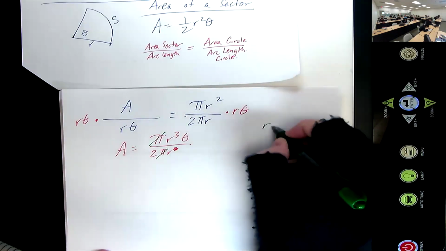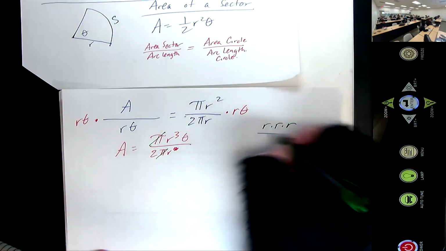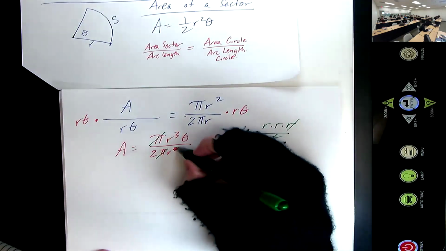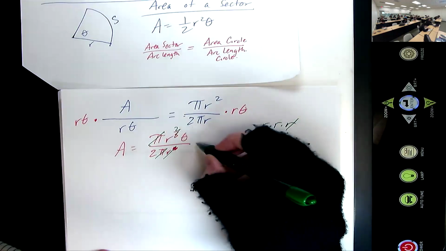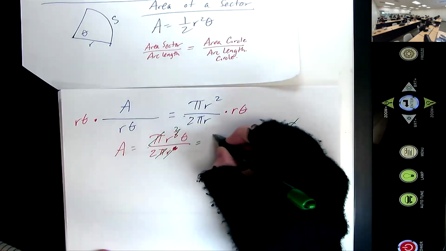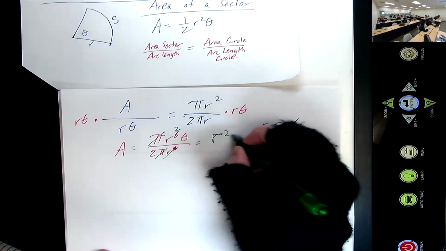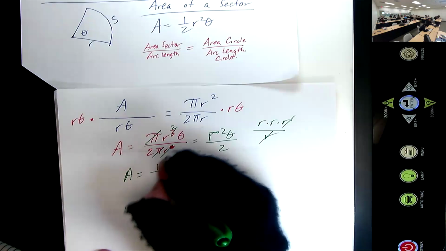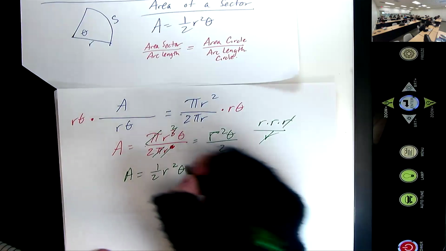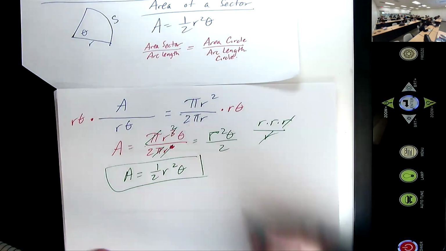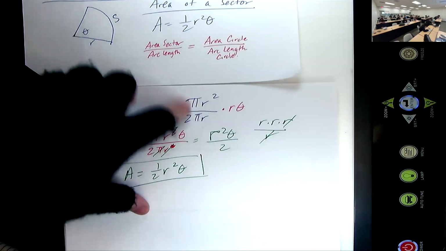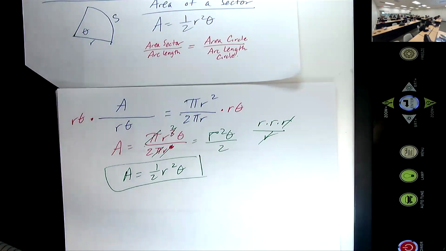R cubed is r times r times r, and r on the bottom is r. If I cancel them out, I'm left with r squared. And with the 2 on the bottom, I have r squared theta over 2, which is a much less friendly way of writing 1/2 r squared theta. If you have these memorized and you remember that S equals R theta, you can make a proportion to come up with this.